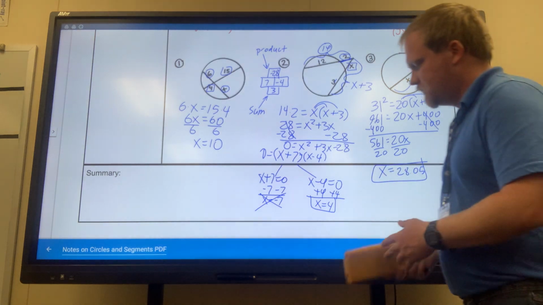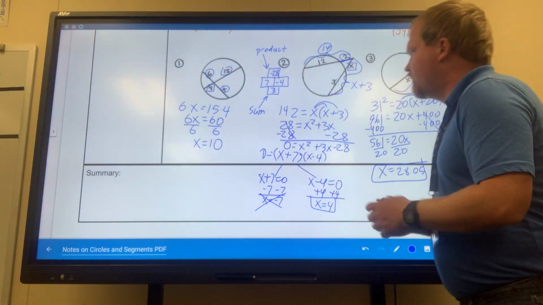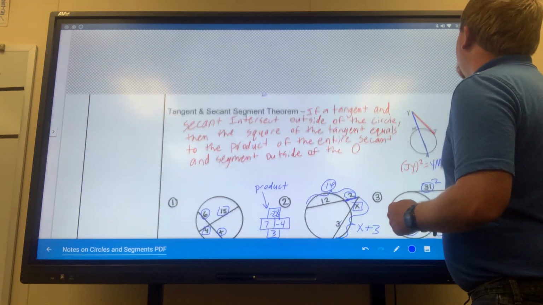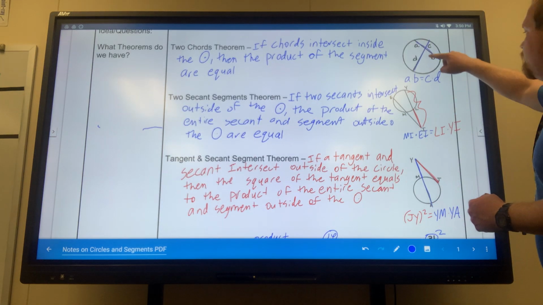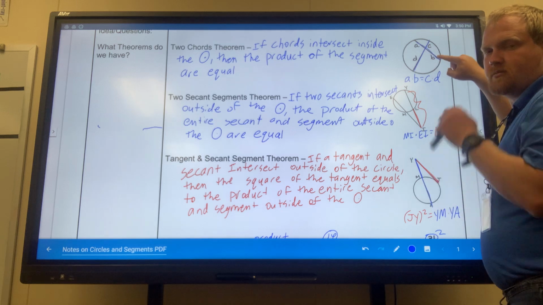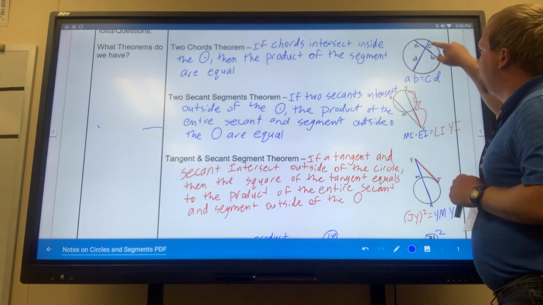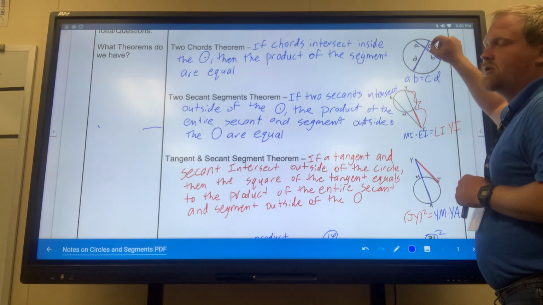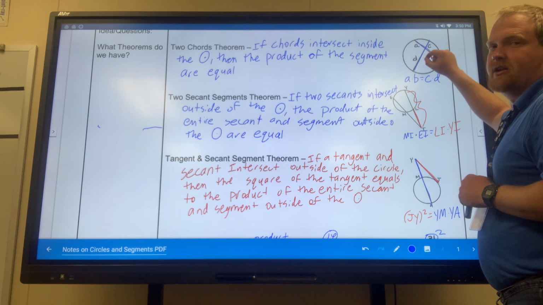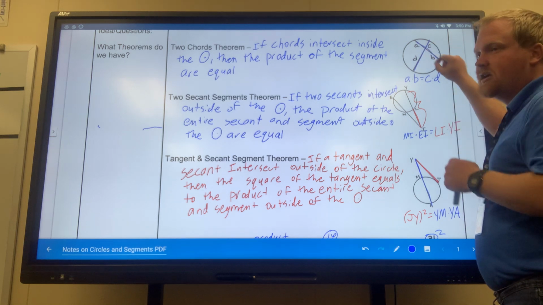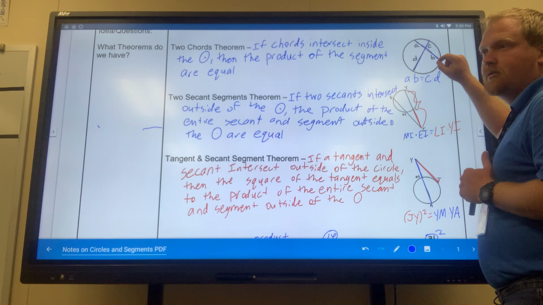So the biggest thing we've got to remember are these formulas right here. The parts of the chord are multiplied to each other to equal the parts of the other chord.